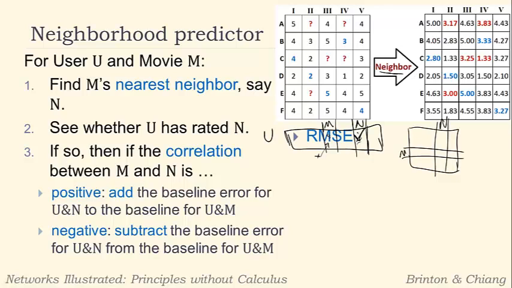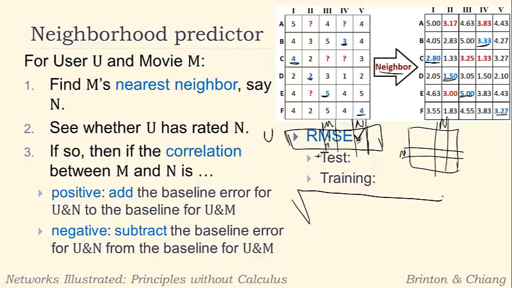Now for the RMSE, let's try to figure out what it is for the test set and what it is for the training set. We want to see how much better we're doing now that we've done the entire neighborhood predictor than what we were doing before. We'll do it again for just the test set. We have the 4, 2, 5, 3, and 4, and we're comparing that to 2.8, 1.5, 5, 3.33, and 3.27.